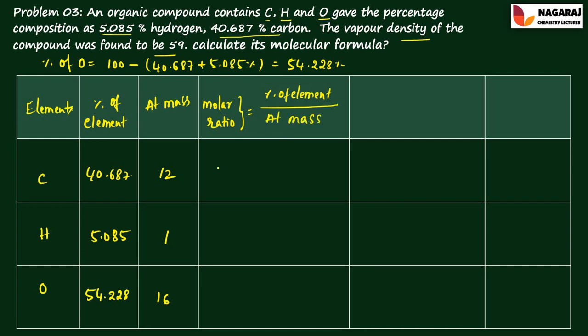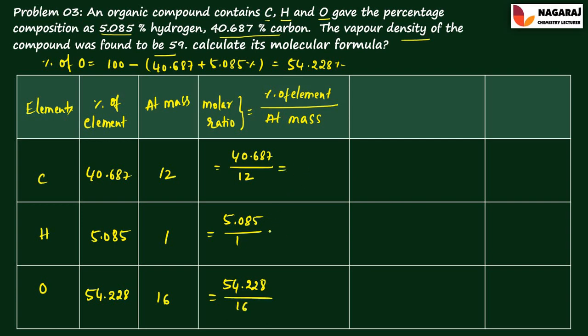For carbon, 40.687 divided by 12; for hydrogen, 5.085 divided by 1; and for oxygen, 54.228 divided by 16.